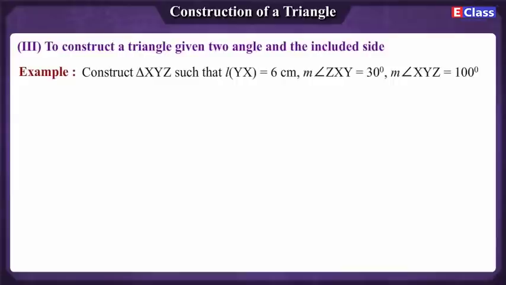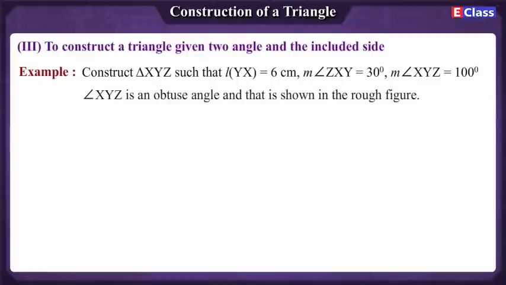Measure of angle ZXY is equal to 30 degrees. Measure of angle XYZ is equal to 100 degrees. Angle XYZ is an obtuse angle and that is shown in the rough figure. Rough figure.